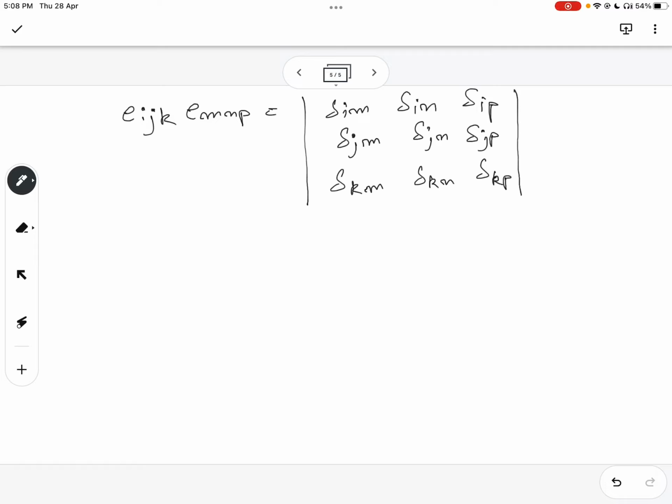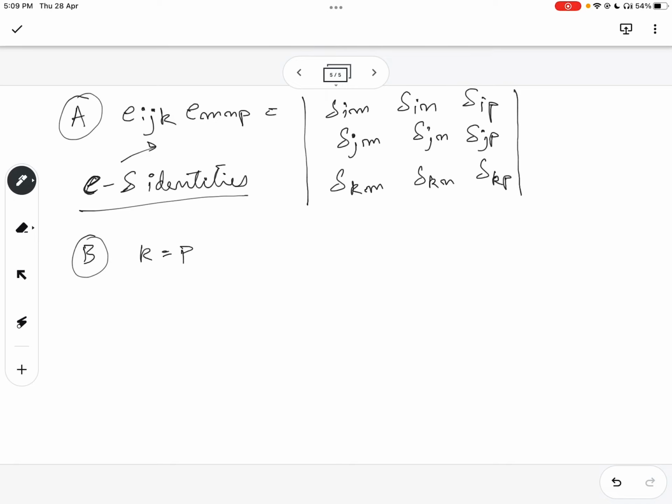So this is one of the epsilon delta identities. We'll look at some more such identities. So let's say this is A. And B would be obtained as, let's say k is equal to p.